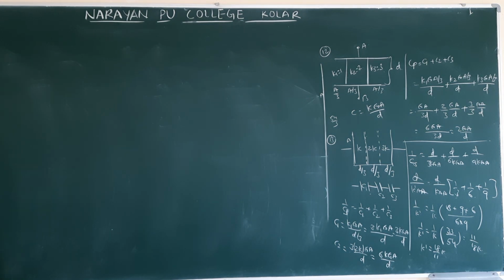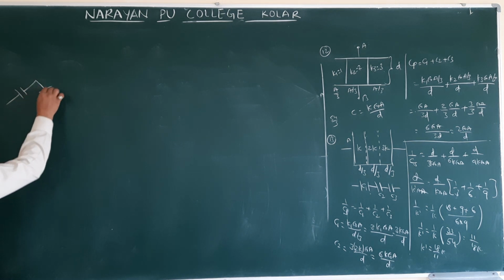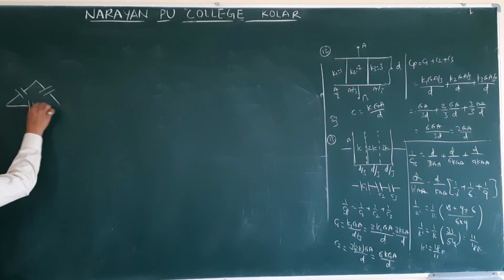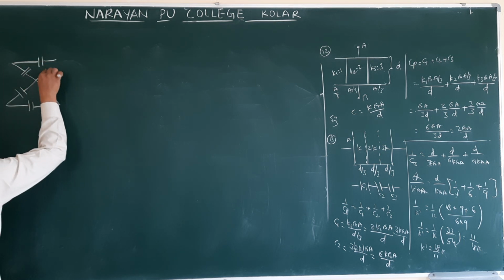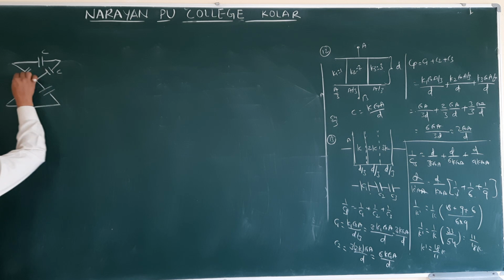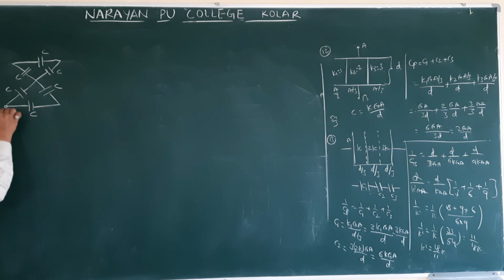Now I am going to give two problems for you. Try to do them as homework. Find the resultant capacity between A and B. This is one problem.